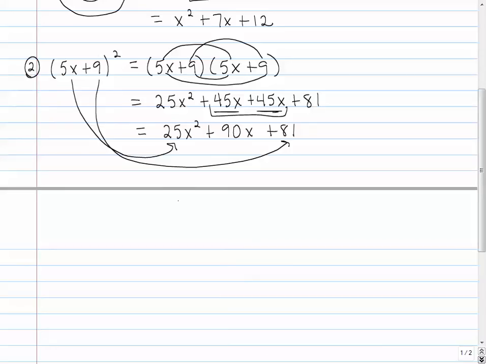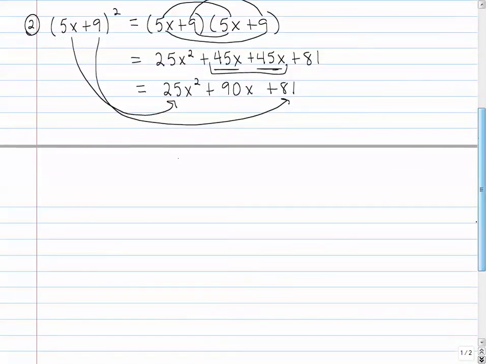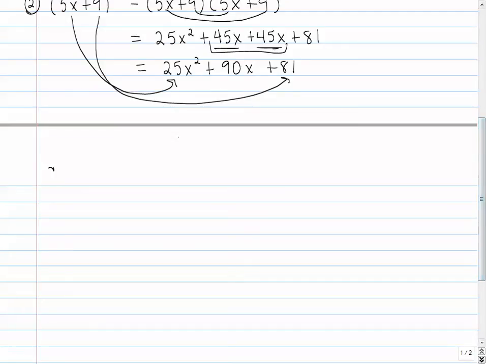So now let's look at the formula for squaring a binomial. You can always do it the way we just did it. You can always write it out twice and do the FOIL method if you want to. This is just a shortcut that you can use if you want to. So squaring a binomial.